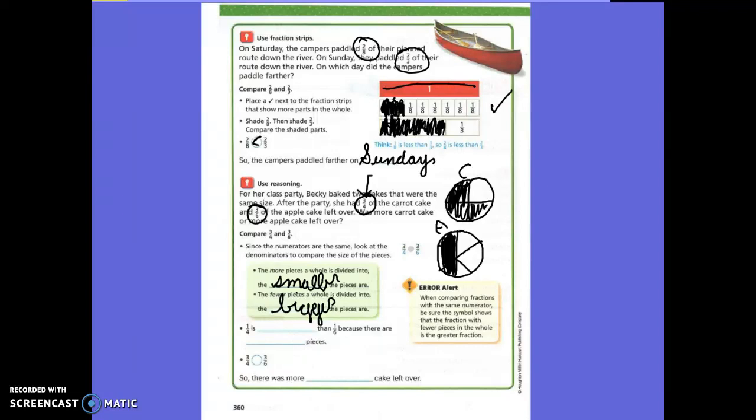Smaller or bigger? Or greater, I guess I should say. 1/4 is greater or bigger than 1/6 because there are bigger pieces.